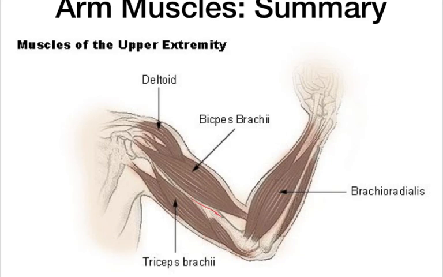Right about here, peeking out from underneath, we would have the brachialis, right? Oops, brachialis. Here we can see the brachioradialis, which still starts from the very distal end of the humerus, right here. On the posterior side, we have the triceps brachii.